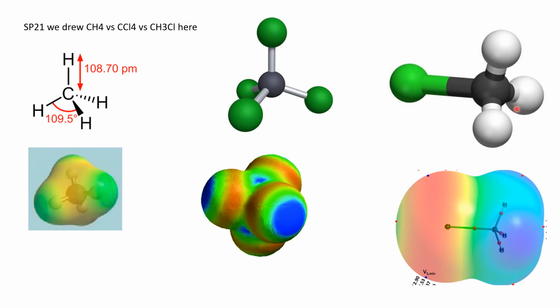That's unfortunate. But anyway, this end is more positive, and so you get this polar bond creating an overall polar molecule. And hopefully you will remember having done the dipole vector there. So we have a negative end of that molecule.